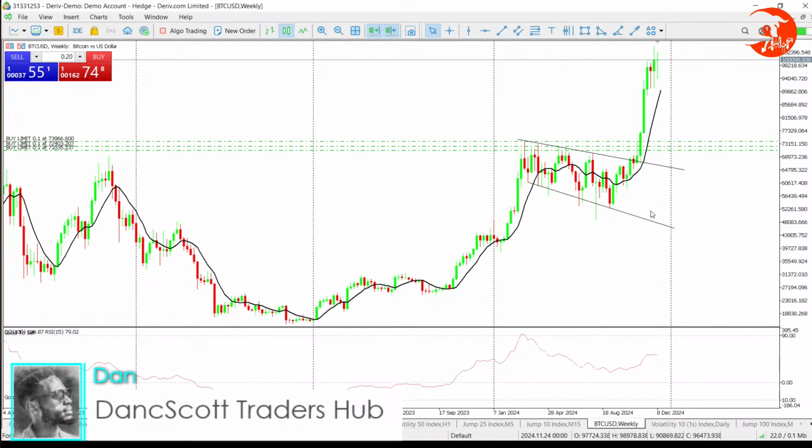Having seen this, we had our point of interest here as our order block on the weekly time frame.